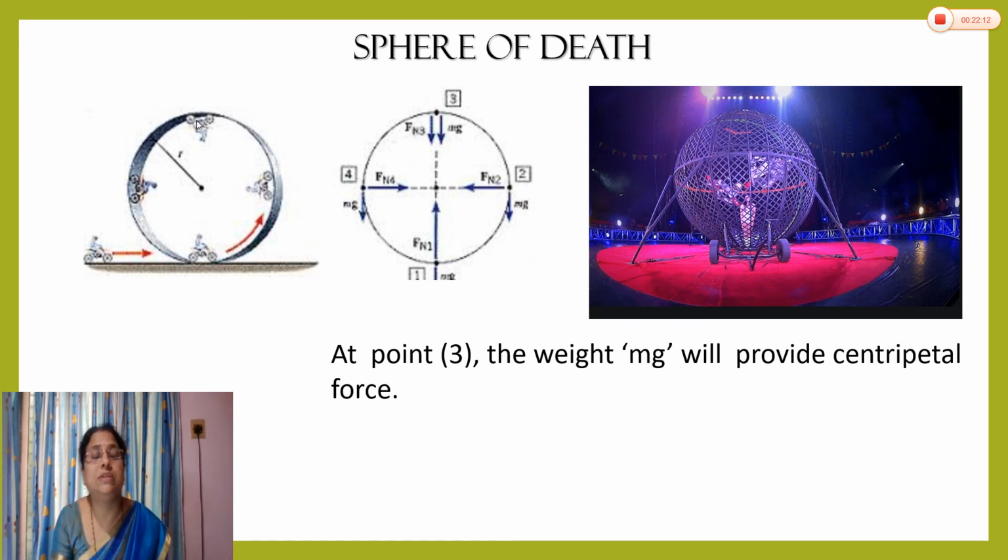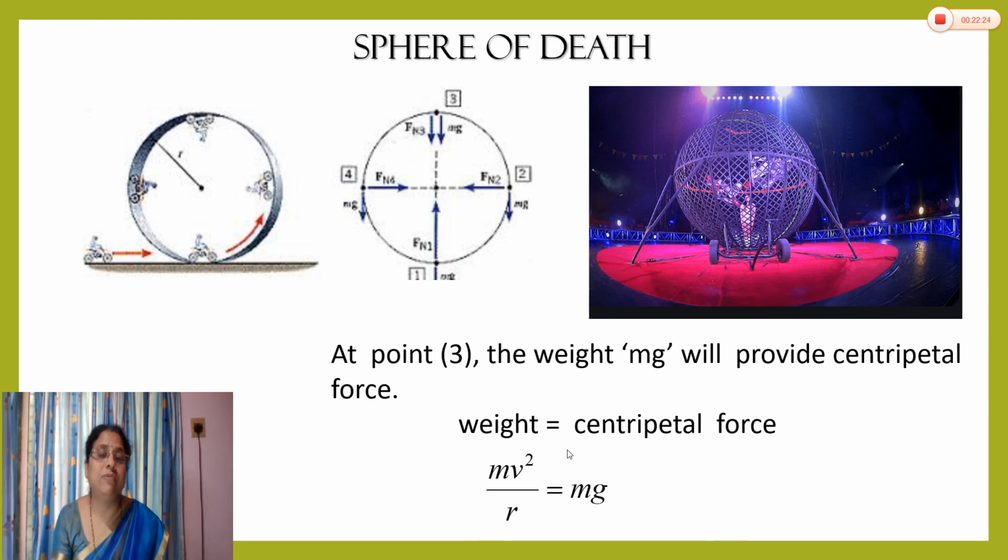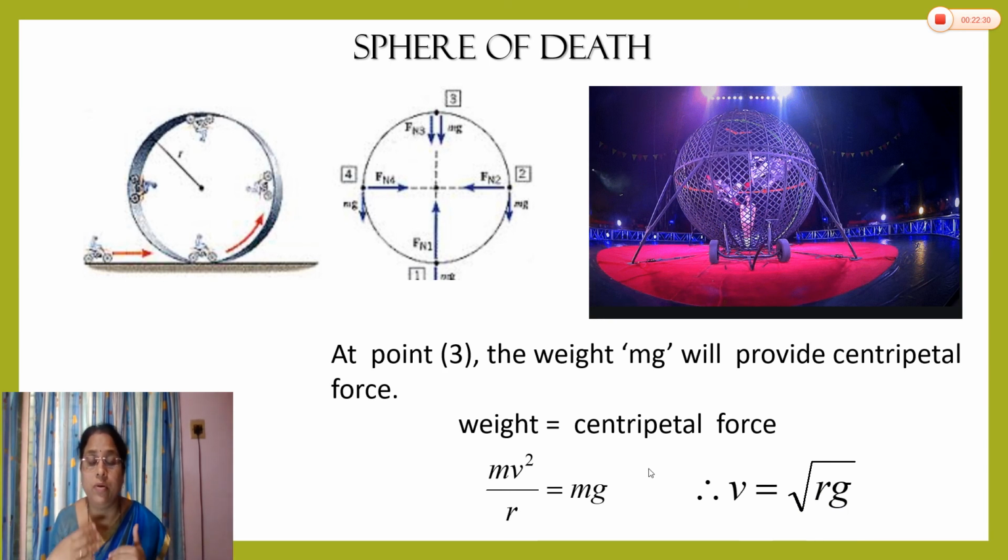The centripetal force at that point will be mv²/r, as r is the radius of that vertical circle. So again we get the same equation as we applied in the last. Weight is equal to centripetal force, that is mv²/r is equal to mg, and we get v is equal to √rg.